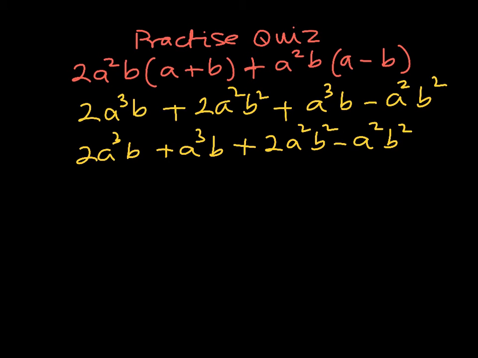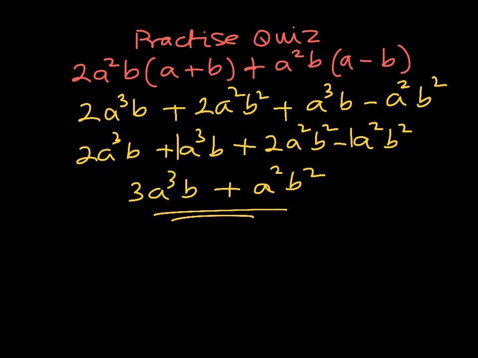So 2, remember there's a 1 here, so 2a cubed b plus 1a cubed b gives us 3a cubed b, plus 2 minus 1, remember there's a 1 there, gives us a squared b squared. Was that what you got?